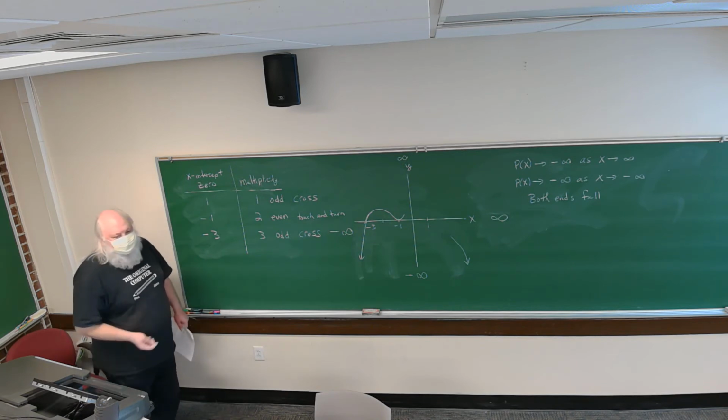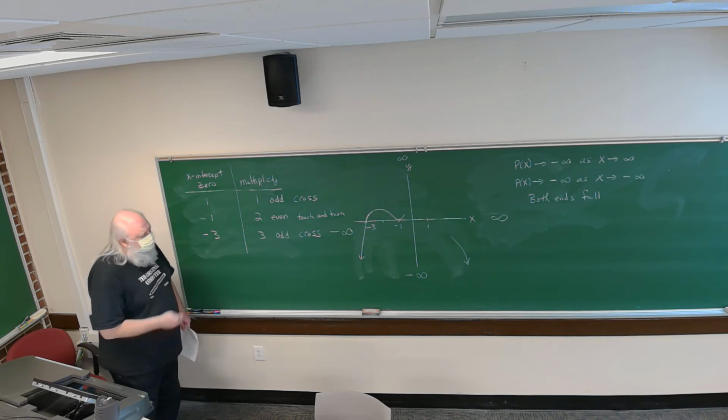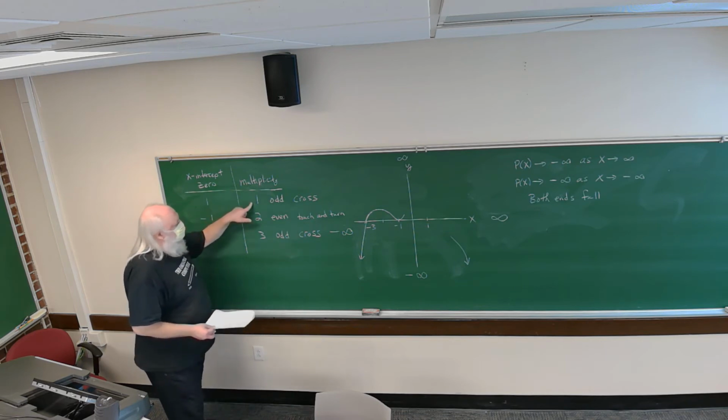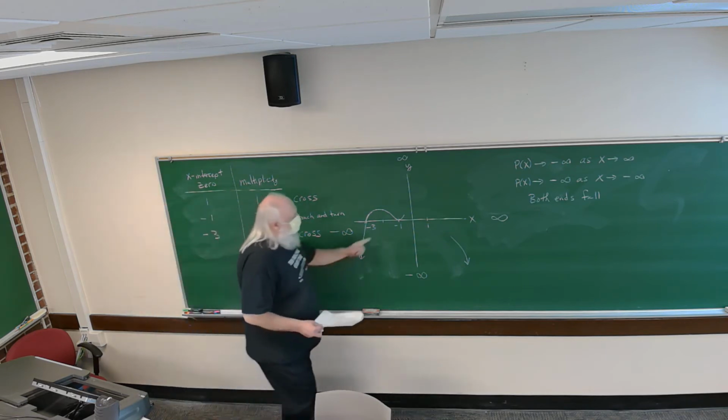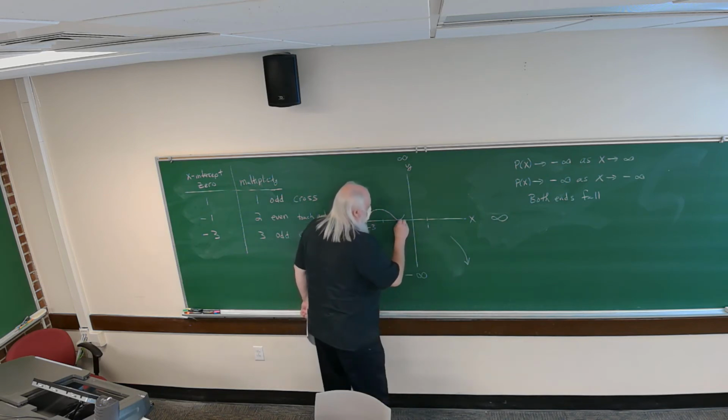Now we don't know exactly where it crosses the y-axis, right? We don't have enough information, but it's going to cross the y-axis somewhere. And we know at x equals 1, the multiplicity is odd, and so the graph is going to cross at x equals 1. So to the right of minus 1, at some point, we've got to form a turning point.